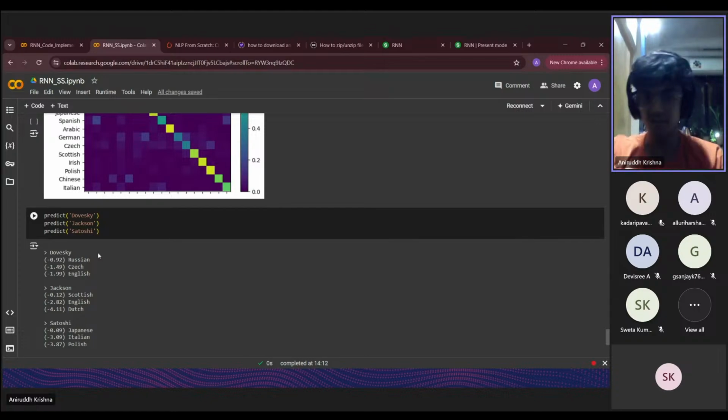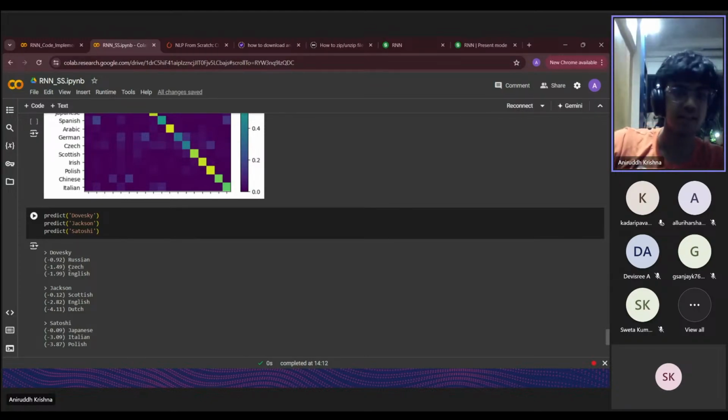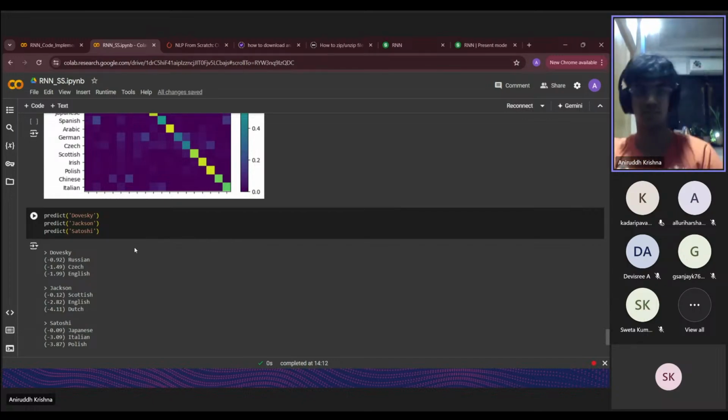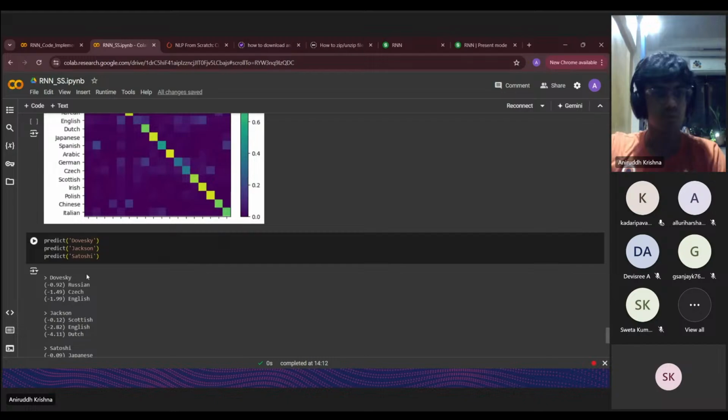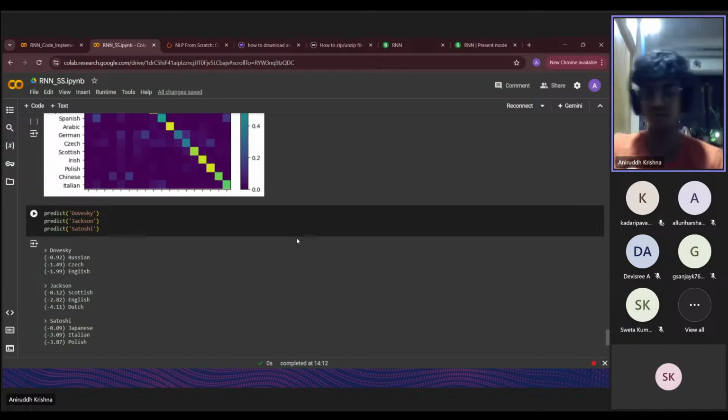So the probability of it being Russian is e raised to the power minus 0.92. Czech being e raised to the power minus 1.49. English being e raised to the power minus 1.99. And that would give me the probability of the name being any of these 3. And again, for Jackson, it will give me 3 values. For Satoshi, it will give me 3 values accordingly.